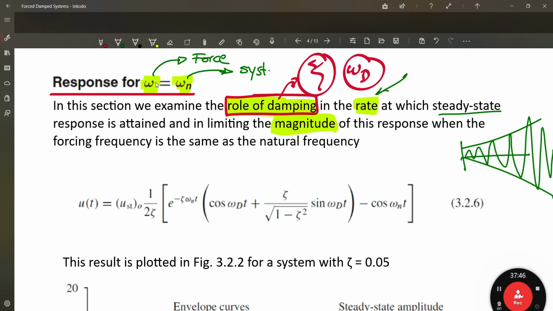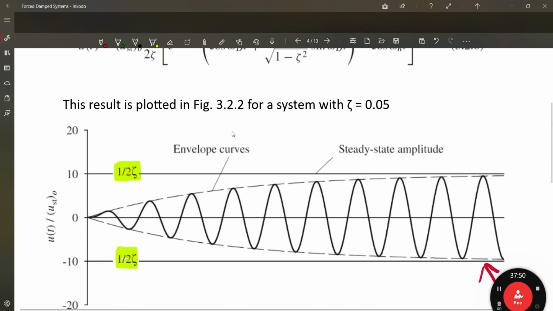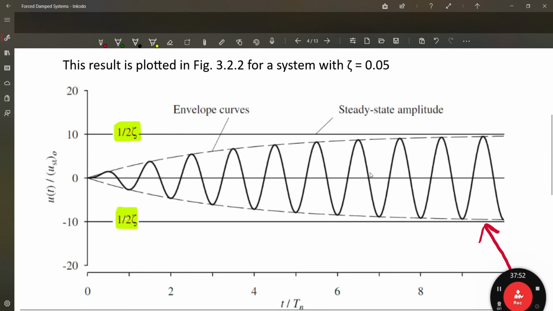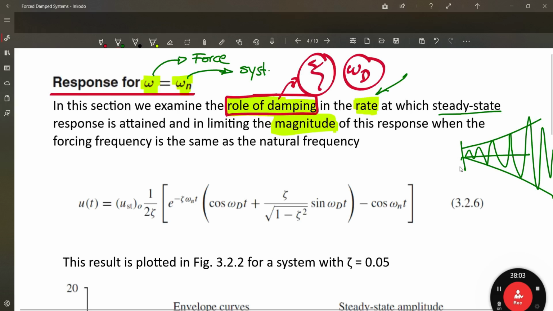Today we are going to find that our system is going to be controlled. There are some envelopes that are going to be drawn, and we are going to find that there are some limits for the amplification. It's not going to be the case as in the undamped system, which is in the previous videos that I have explained.